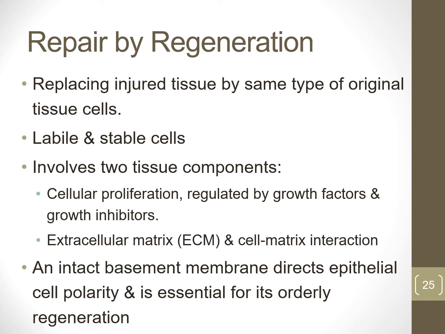Now, in order to have proper regeneration, we have to have an intact basement membrane. This basement membrane will direct the epithelial cell polarity, and it is essential for orderly regeneration, because the basement membrane is like the map or the guide for the epithelial cells in order to have proper regeneration.